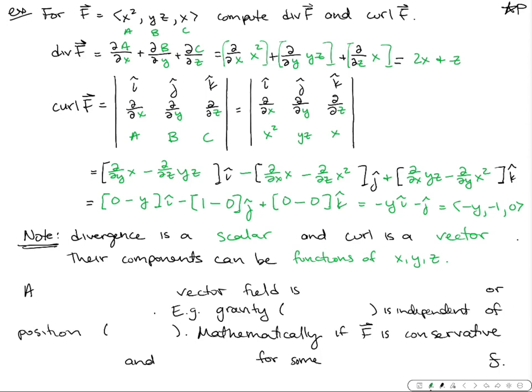So we also need to learn a little bit of vocabulary about vector fields. We finished that example up above, and I just want to note this new definition we have, which is that a conservative vector field is a particular type of vector field that is path independent, or the other word you'll hear about this is that it's irrotational.